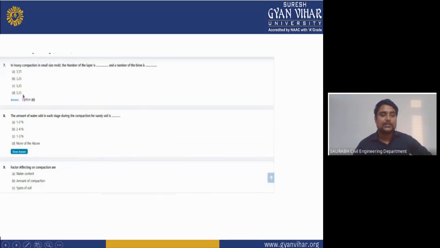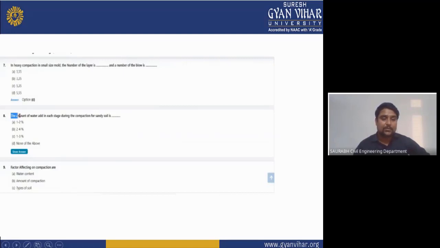So the right answer will be 5 into 25, meaning the number of layers will be 5 and the number of blows will be 25. So your right answer will be C. This is also a very important question and you need to remember the number of layers and blows in heavy compaction.